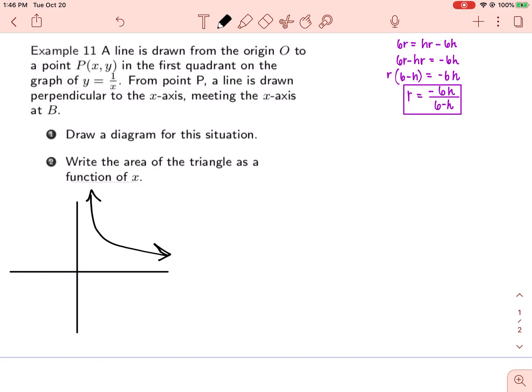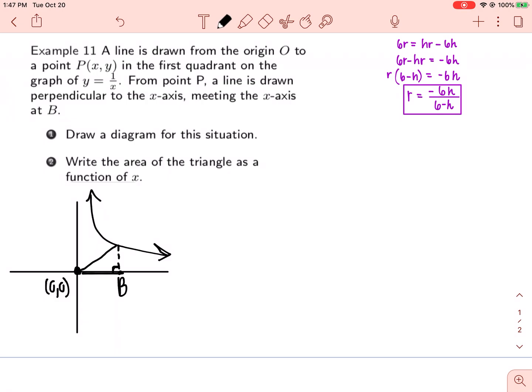From point P, a line perpendicular to the x-axis meeting the x-axis at B. So that means down here, this will be perpendicular, which means 90 degrees at point B. Origin is 0, 0. And here creates my triangle.